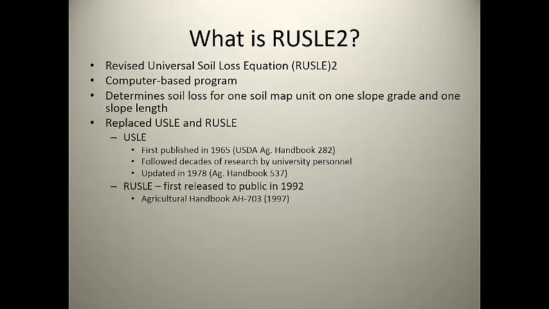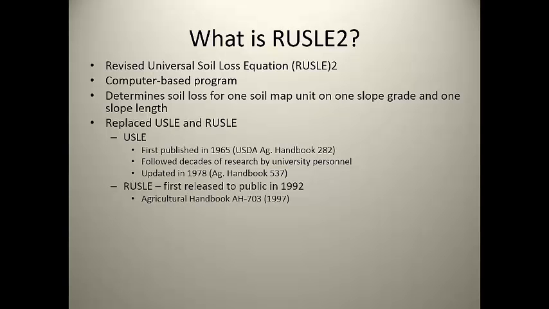The reason I say that is because this tool, RUSLE2, can be used anywhere in the nation, anywhere in the world, if we have the databases necessary, such as soils and climate, to get a computation.